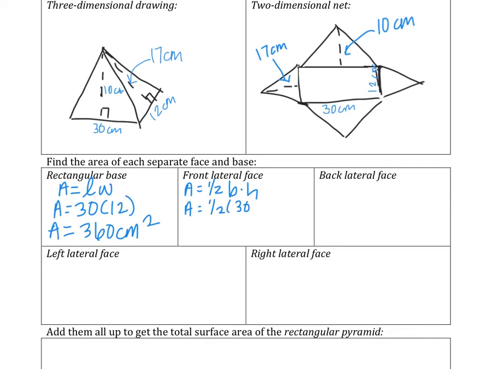The reason for that is it's the height of this triangle right here, which is the same as the height of that triangle. So 30 times 10, half of that, we cut 30 in half and that's going to be 15. So 15 times 10 is area equals 150 centimeters squared.